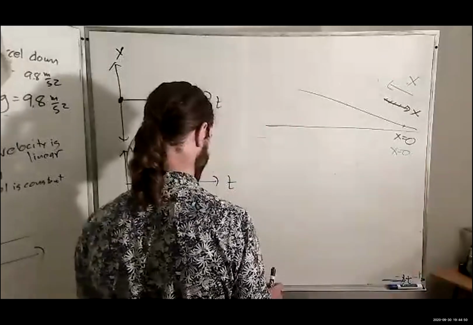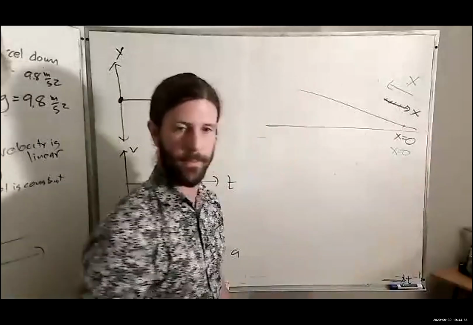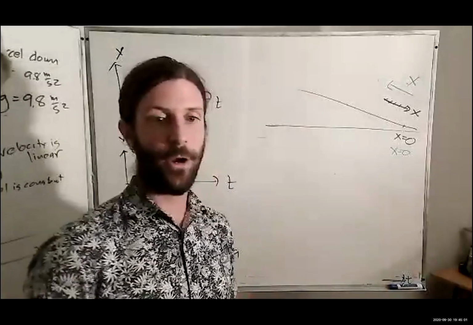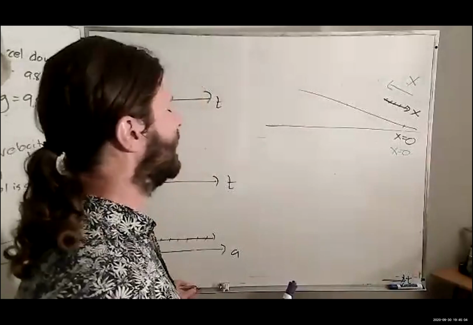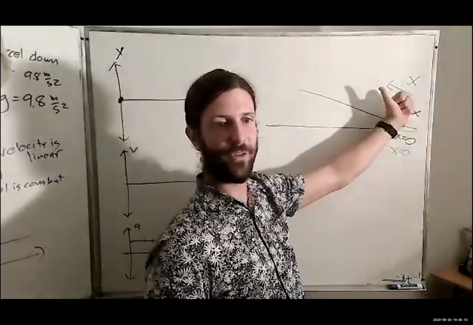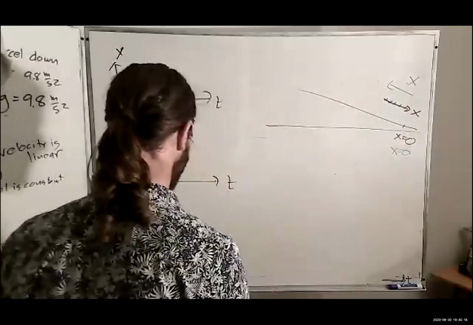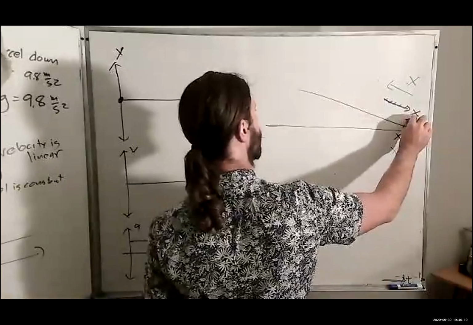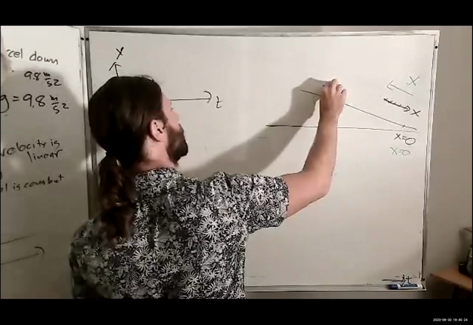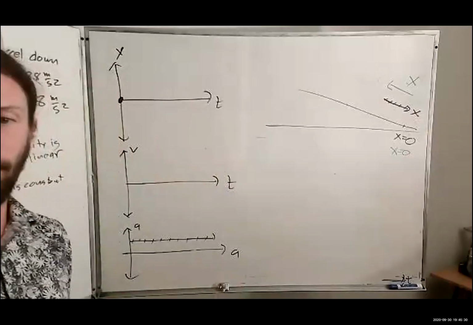Right, who's the tortoise? Carmen says negative, and Carmen is correct. Initially negative, and the reason is positive x direction is this way, velocity is initially this way. Now, what happens to velocity as the tortoise goes up the ramp? Velocity comes to 0. The tortoise stops for just one moment and then goes down the ramp.